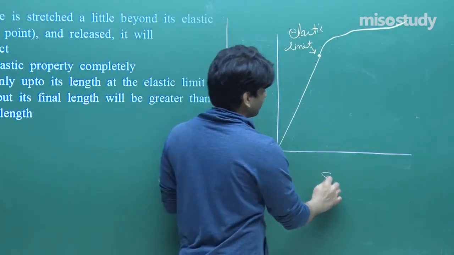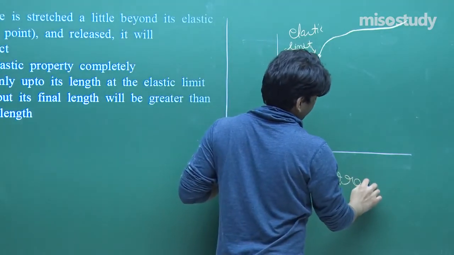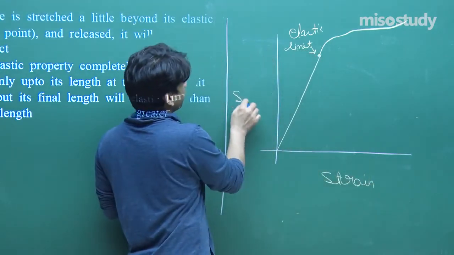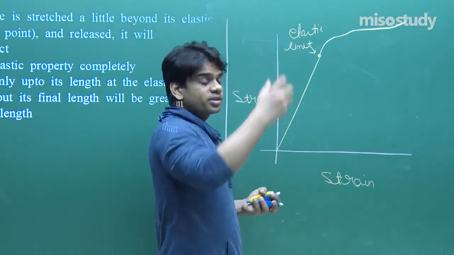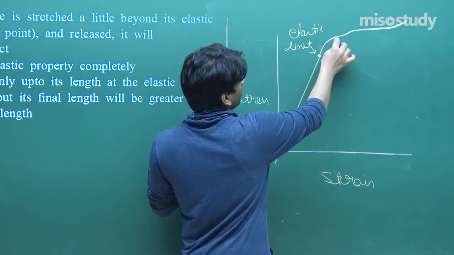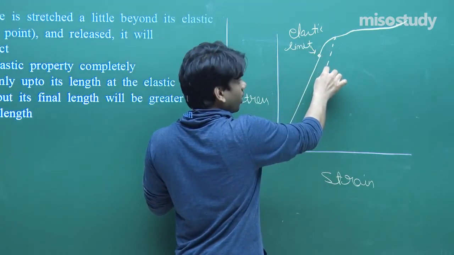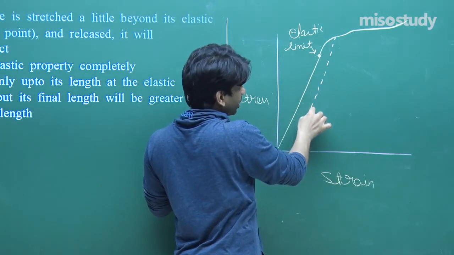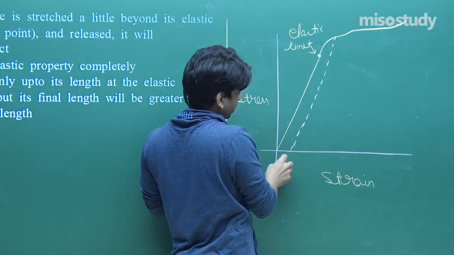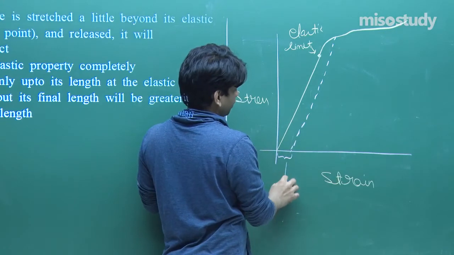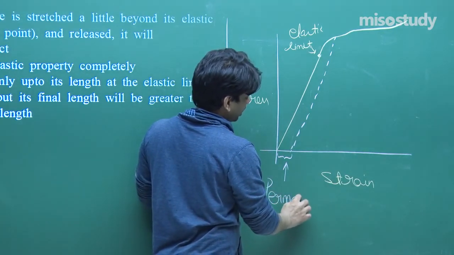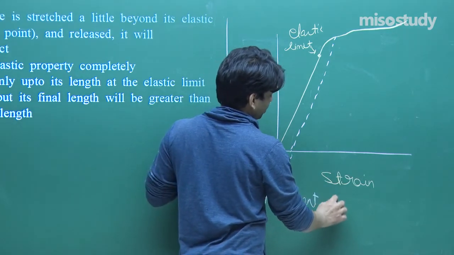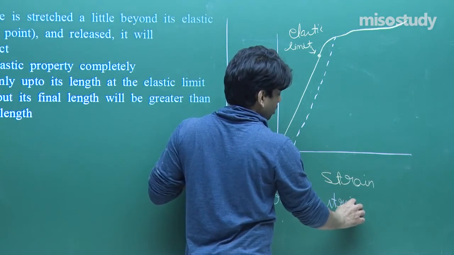Here we have taken strain and here we have taken stress. But if you give more strain and then leave it, although it's going to regain, a permanent strain will be left if you remove the stress. This is what we know.